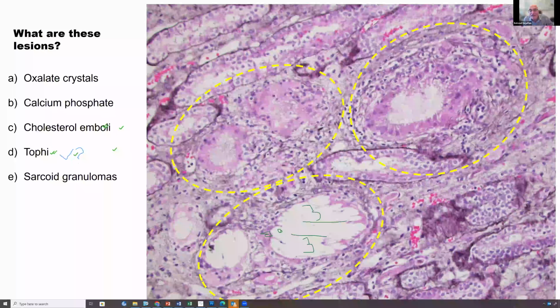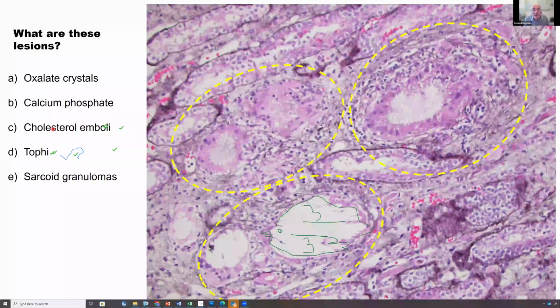Feathery crystals. If you think about a pigeon, you hopefully will remember that. So feathery crystals engulfed by the giant cell reaction in different places. And here you can see a little bit finer feathery reaction. And around that, we have inflammation. The classical inflammation is histiocytic, also has lymphocytes, and can have plasma cells as well. And those features are typical of tophi.